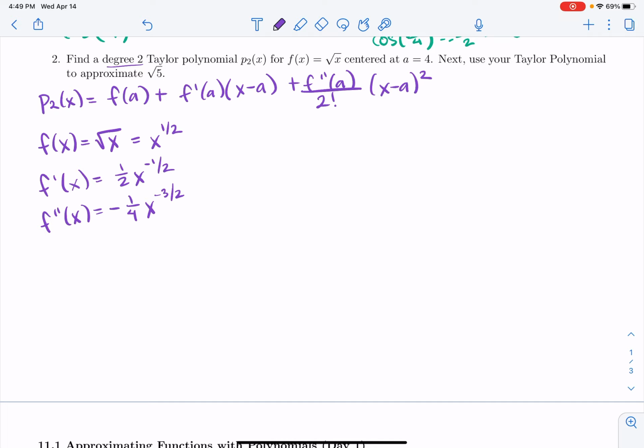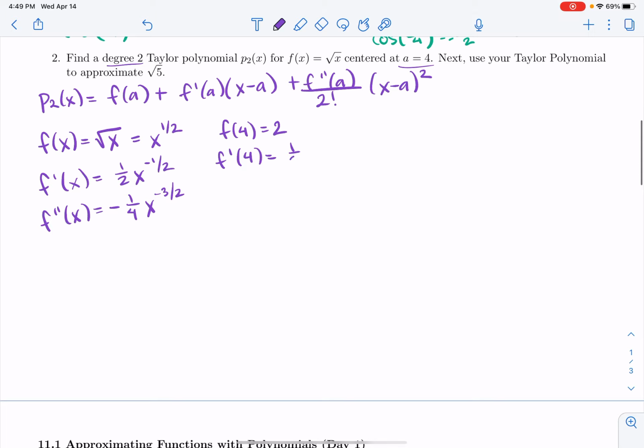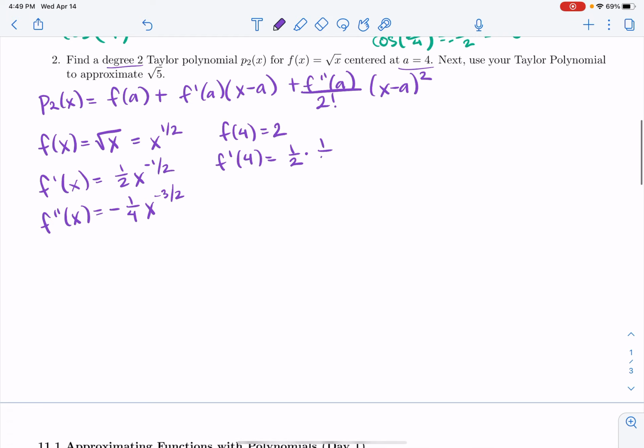Now we got to plug in our center. A equals 4. So f of 4 is equal to 2. Square root of 4 is 2. F prime of 4 is equal to 1/2 times 1 over square root of 4, which is 1/2, and that's 1/4.